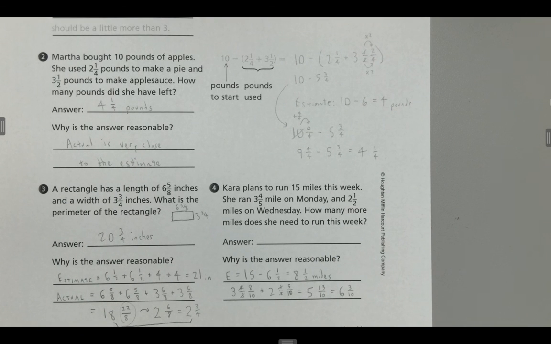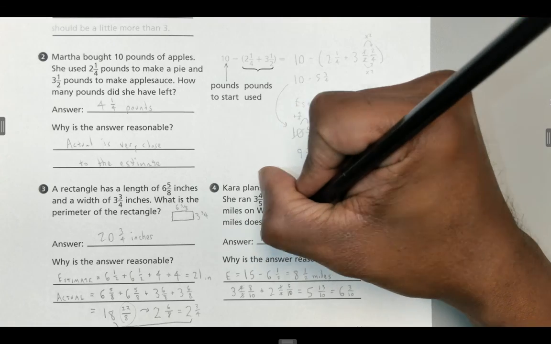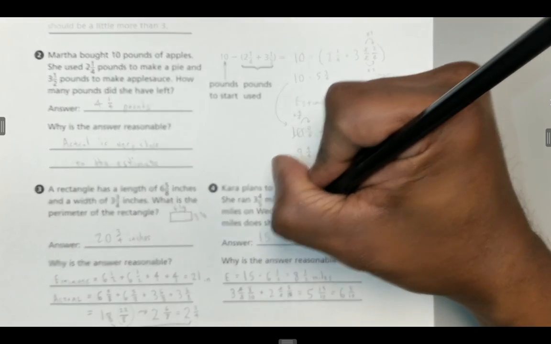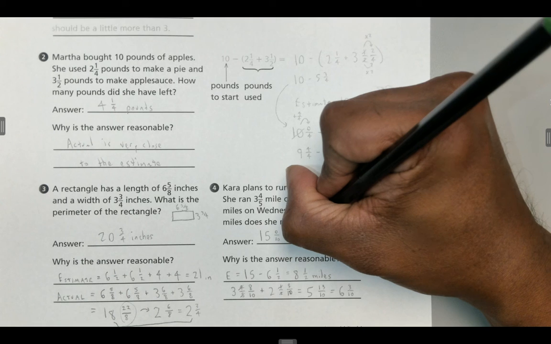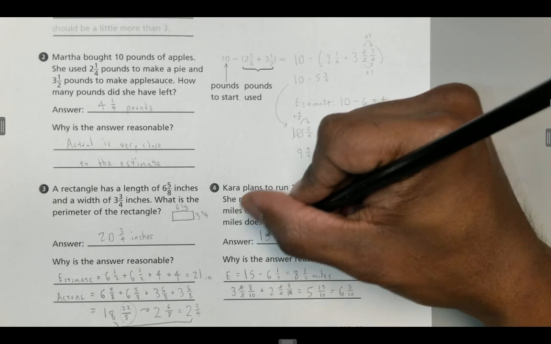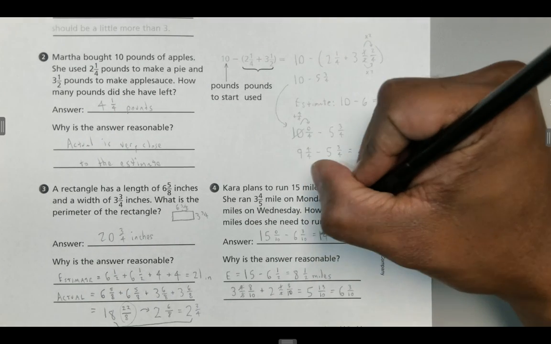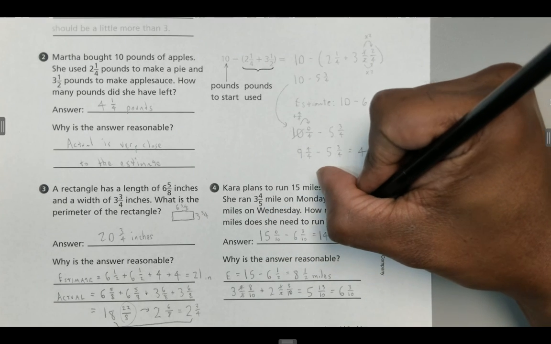All right, now I've got to subtract that out from the 15 that's her target. I'm going to say 15 0/10 minus 6 3/10. I'll borrow from the whole. The 15 becomes 14. The whole gets added back into the fraction as 10 over 10. 0 over 10 plus 10 over 10.